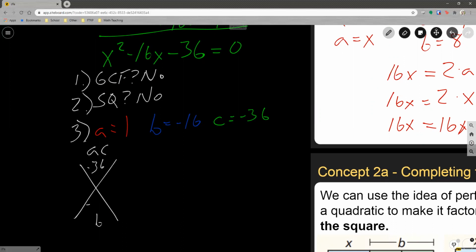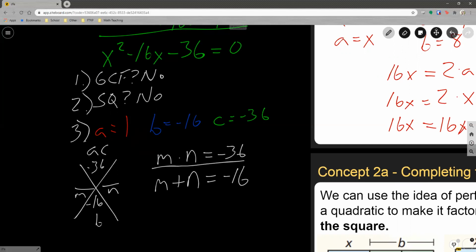My b value is -16. So I need an m and an n, where m times n equals -36, but m plus n equals -16. Well, if you think about this, if I'm multiplying two numbers to get a negative, I'm going to have one positive and one negative.